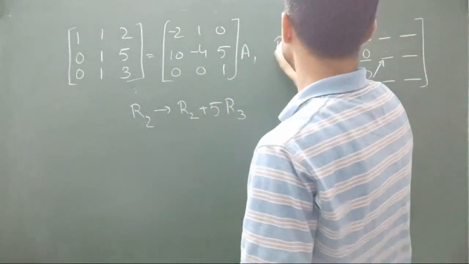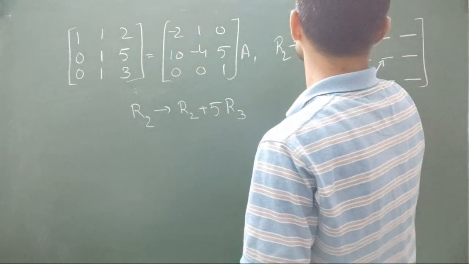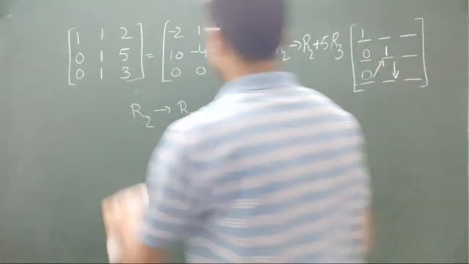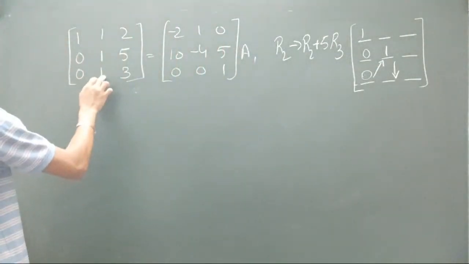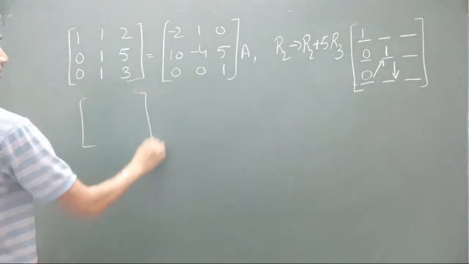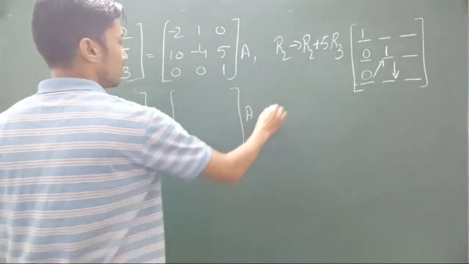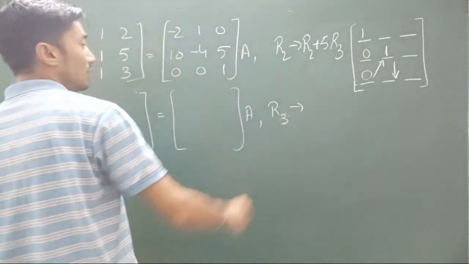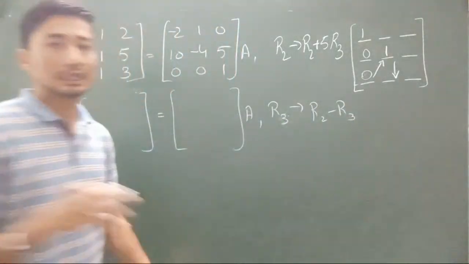So I'm going to write this operation again here. Then I'll move to this. I need this as 0, which is very simple. R3, I'll keep it as R2 minus R3, just to avoid the negative sign.